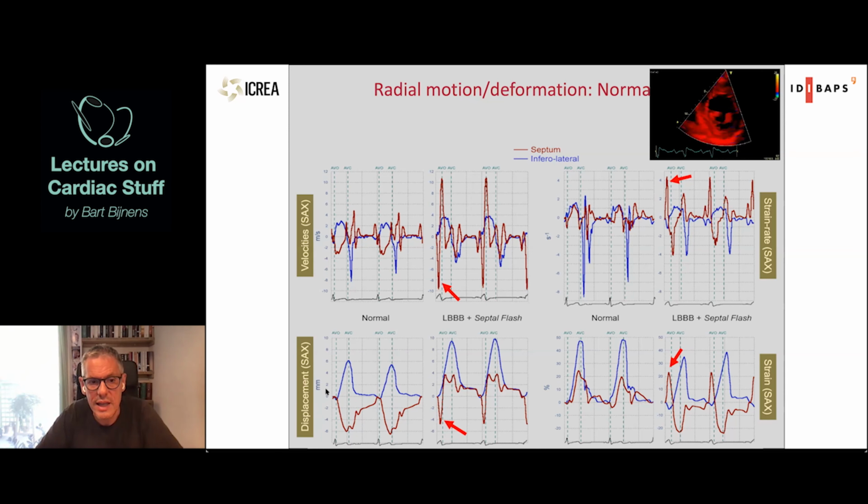You also see, when you look at displacement or deformation, where normally deformation is very synchronous and happening the same everywhere, that it becomes very dyssynchronous, and that's why it is also called ventricular dyssynchrony, where different segments have mechanical events, contractions and relaxations, at different time points.